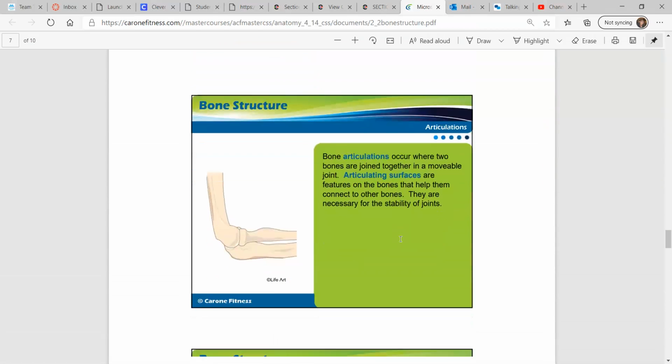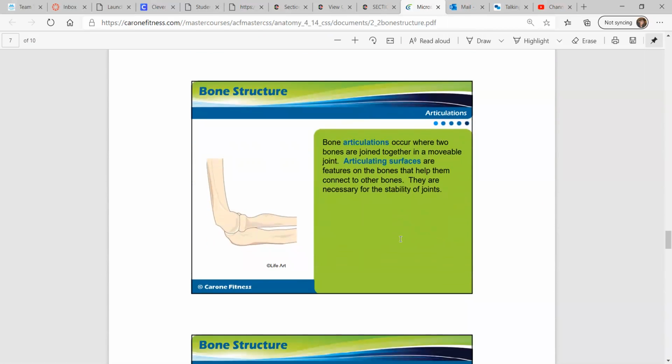Let's take a look at all of those. Bone articulations occur where two bones are joined together in a movable joint. Articulating surfaces are features on the bones that help them connect to other bones. They are necessary for stability of joints.